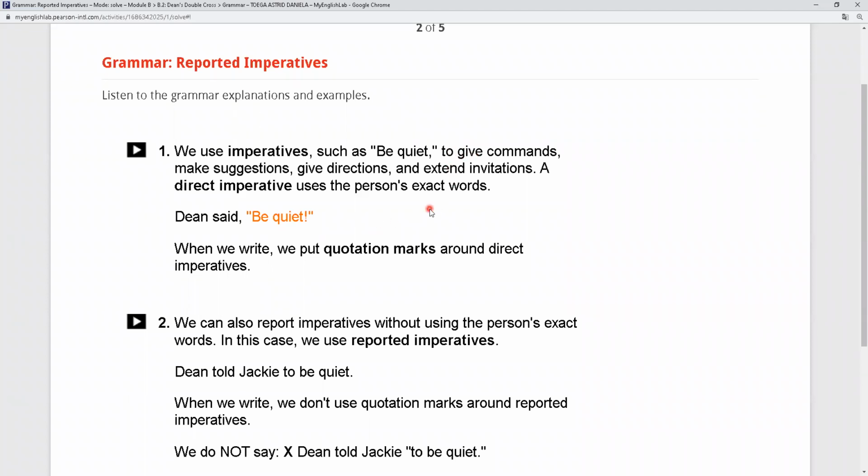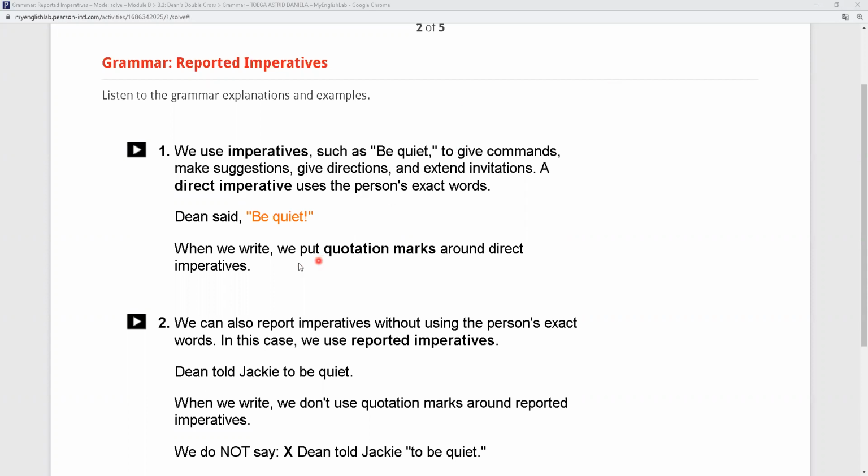And again, we use it to give commands and make suggestions. If you say, "We have to stay safe," I'm going to say, Astrid said, "We have to stay safe." So I'm using your exact words.